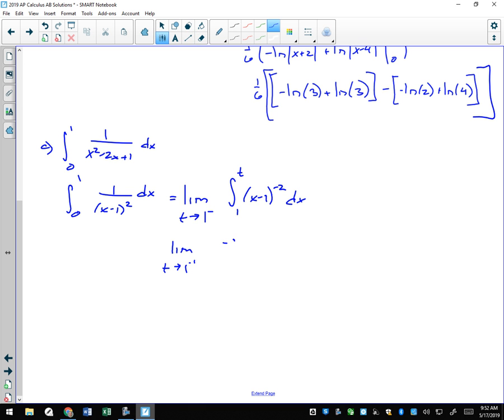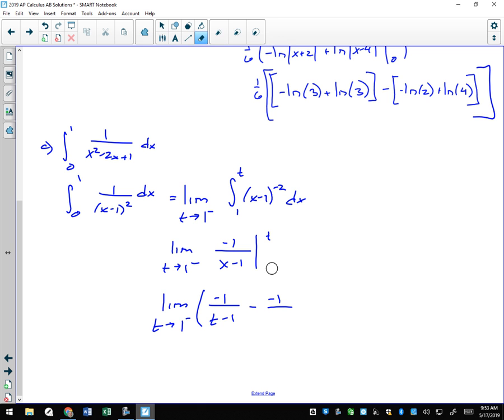That's going to be negative 1 over (x minus 1) from 0 to t. Limit as t approaches 1 from the left. That would be negative 1 over (t minus 1) minus negative 1 over, what did I do? Oh, my lower limit's 0, not 1.